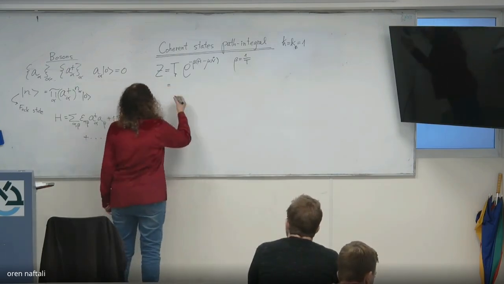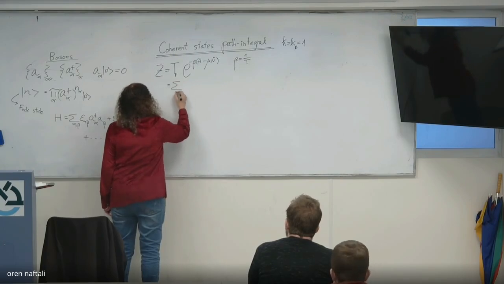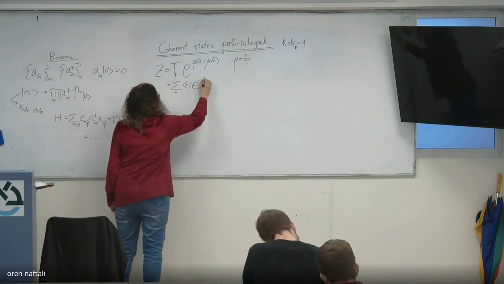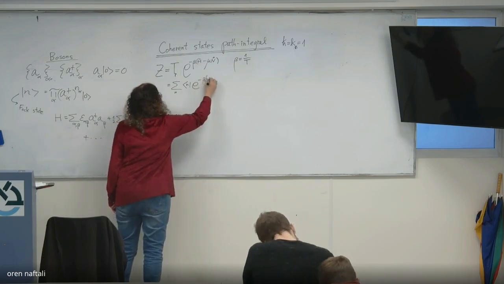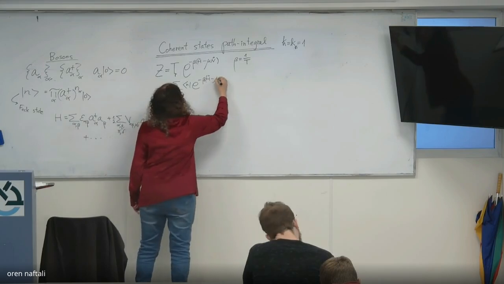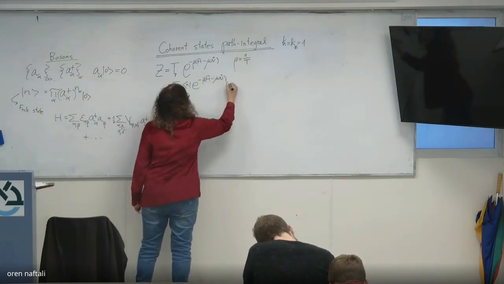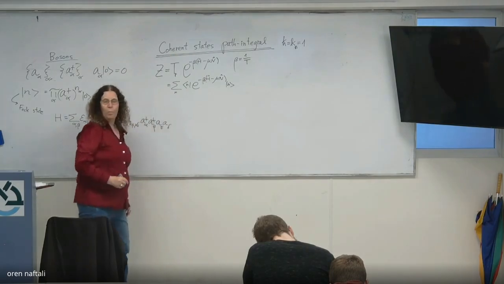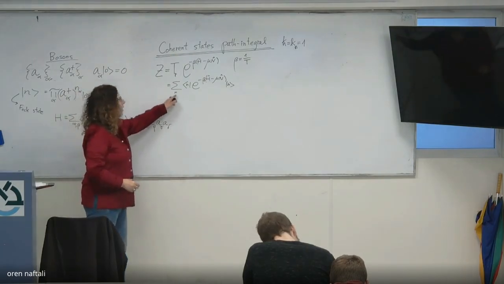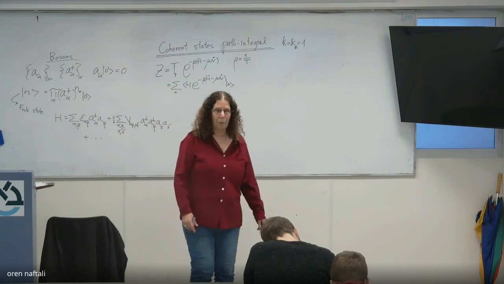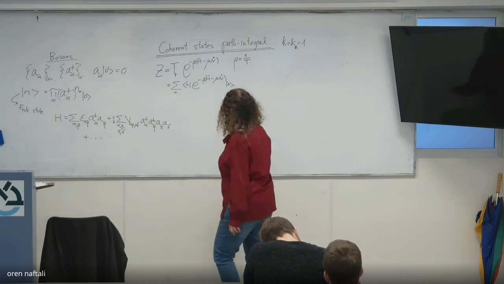Then the trace is simply defined as a sum over n of the diagonal matrix element, where here n is some basis. I don't care what it is. It is true for any complete basis.